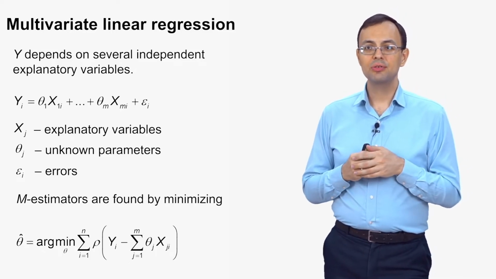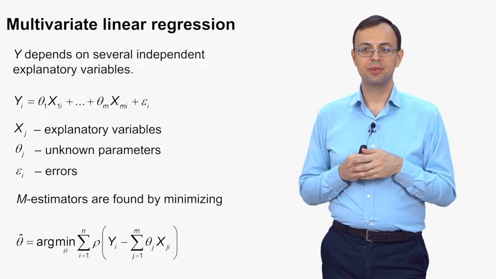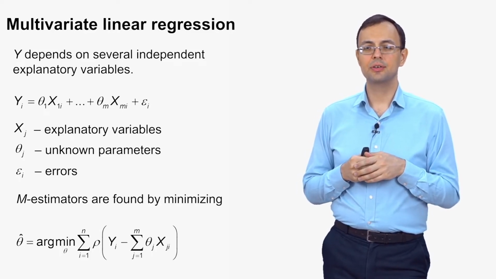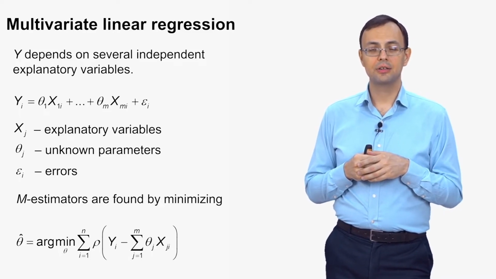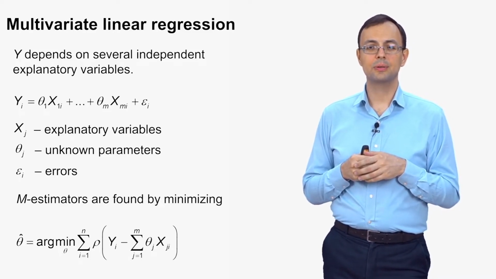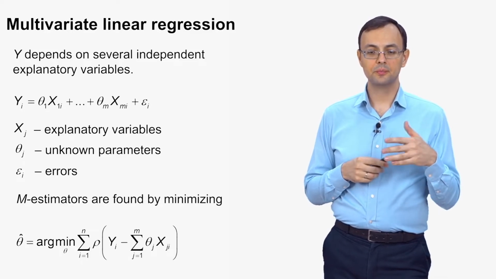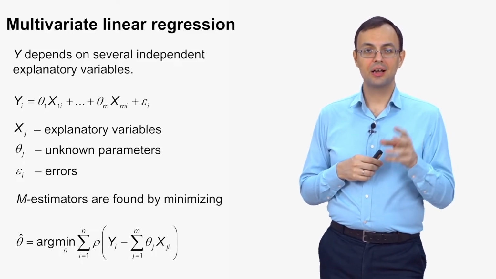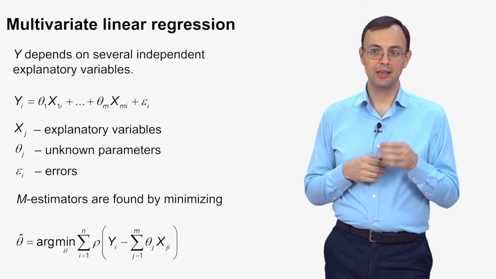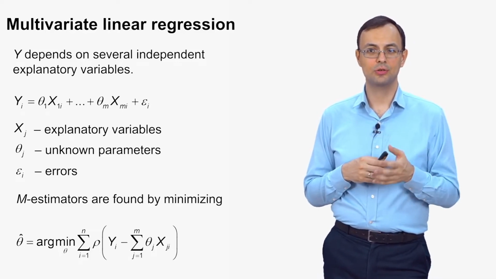We use a model very similar to the previous one, but what is multiplied by thetas are not powers of x, but independent x's: x1, x2, x3, and so on.